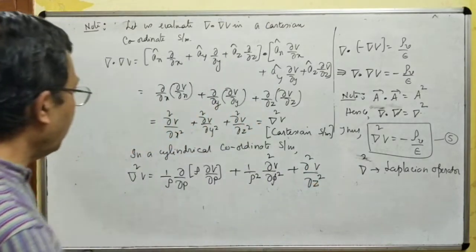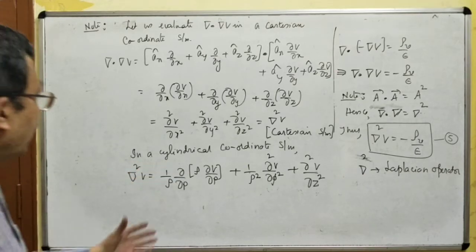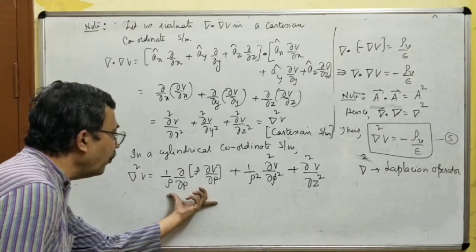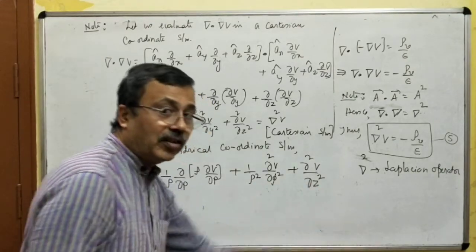This is the expression for del square V in a cylindrical coordinate system. The terms give the variation in rho, phi and z directions respectively.